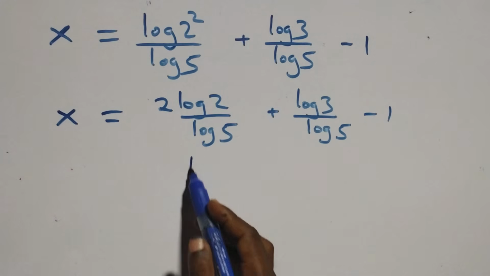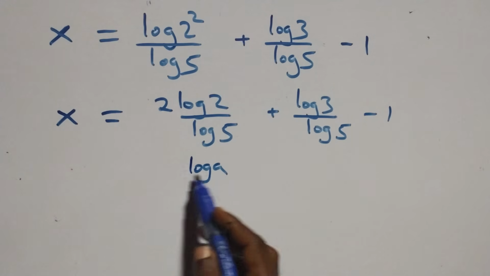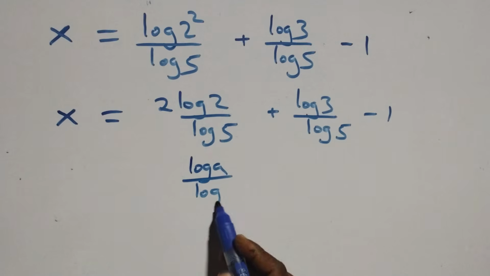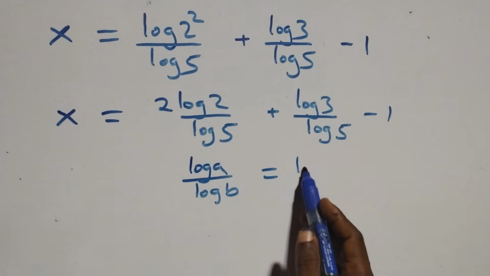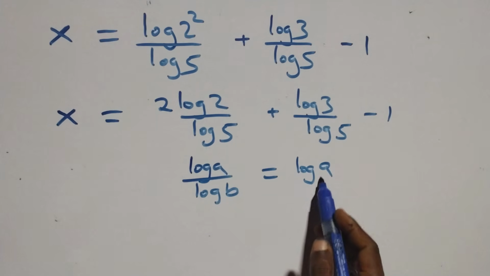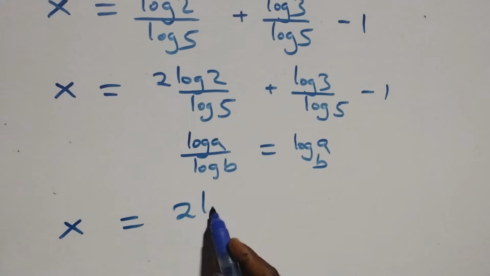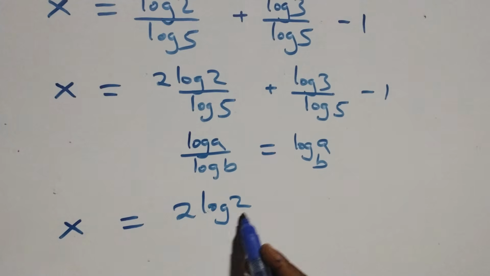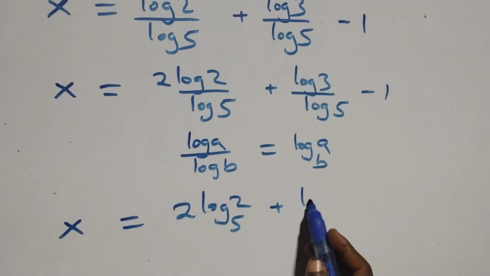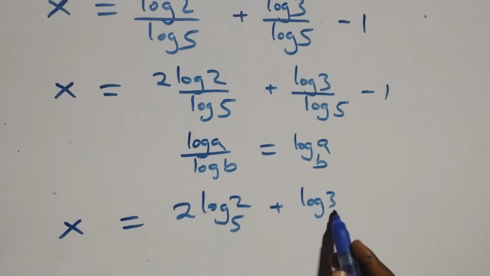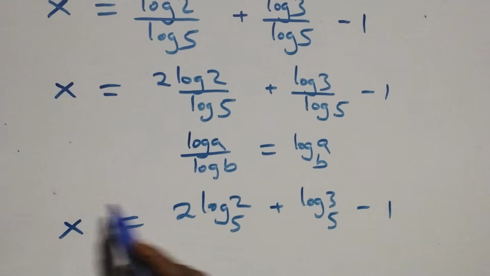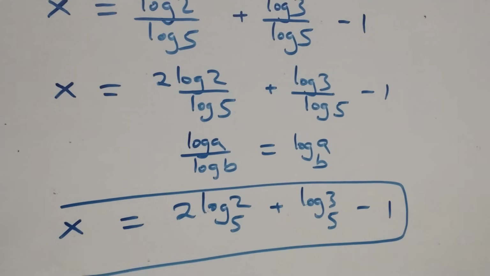We apply change of base here when we have log A over log B. This is the same thing as log A to base B. This here we have x equals 2 log 2 base 5 plus log 3 base 5 minus 1. This here we have the value of x.